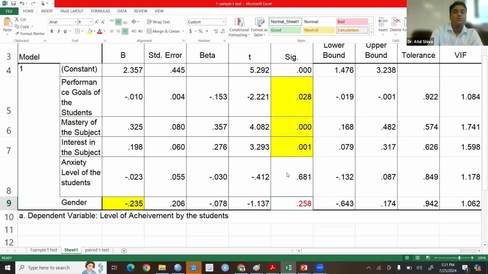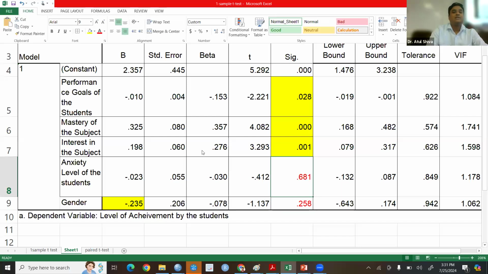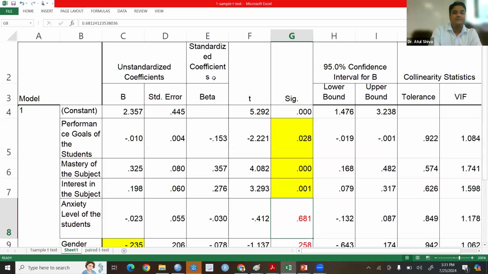There are two variables that are insignificant, but three are significant. Which is the most important variable? Mastery? How have you investigated that this is rank 1? Which beta value? There are two beta values. One is unstandardized beta, another is standardized beta.